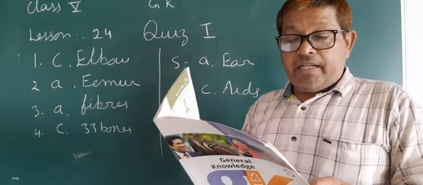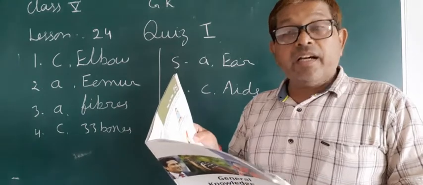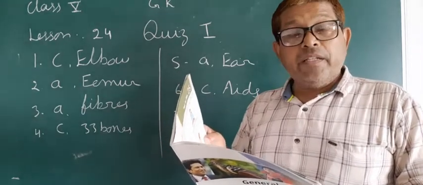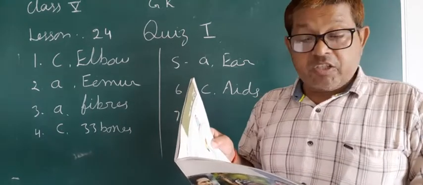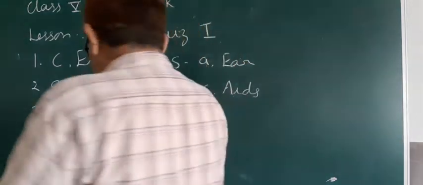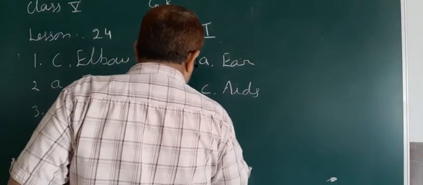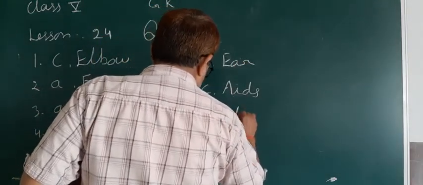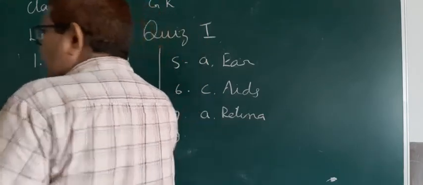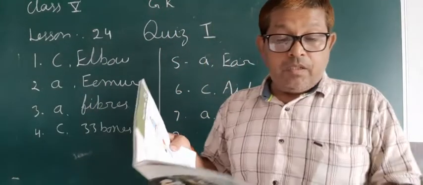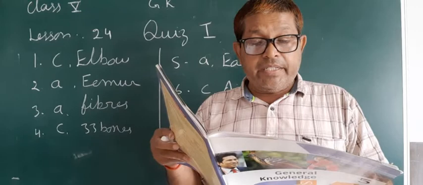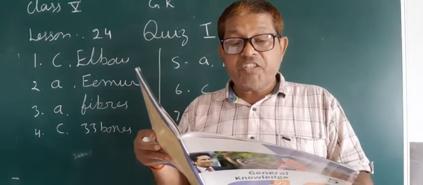Seventh, where does an image form in the eye? Three options are given: retina, iris, and pupil. So retina is the place where image formation takes place. So seventh A, retina. And eighth, in which among the following parts of the human body is blood manufactured?